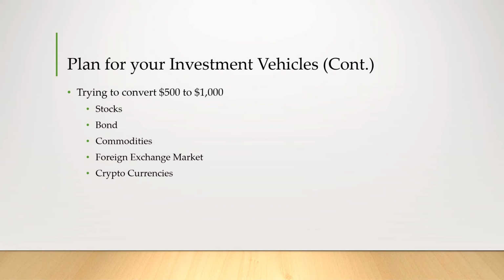You have to have the same mindset, and each one of those vehicles will have a different cost, a different timeline, and a different risk tolerance associated with it. You're going to have to understand what each one of those groups does in order to know how to put your money into one or multiple of them to let it grow to $1,000. Depending on how fast you need that to happen and how much risk you're willing to take, that will all depend on which area you go.